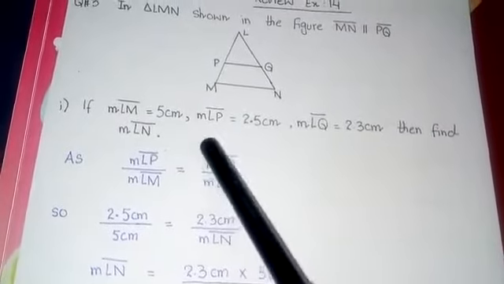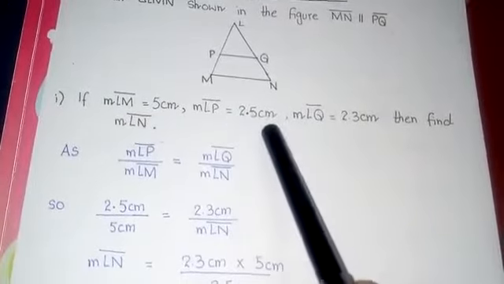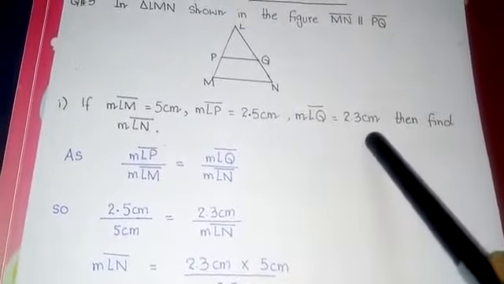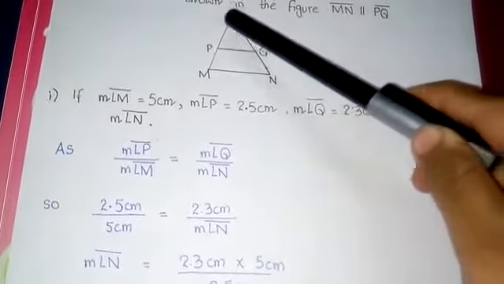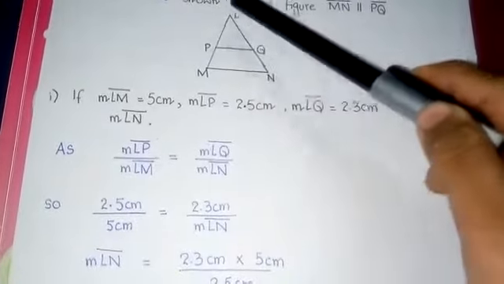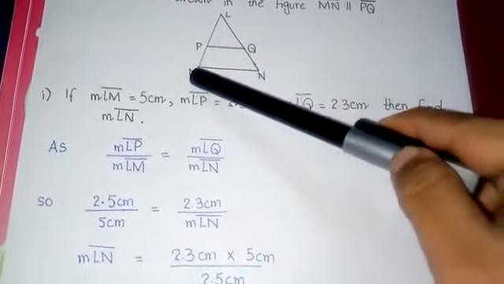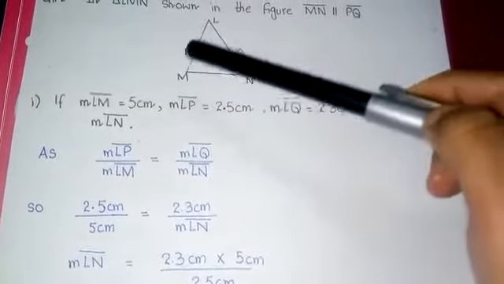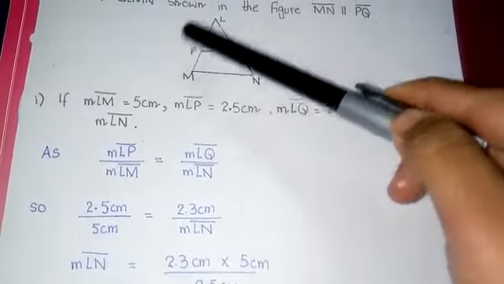You have to remember, you have to take the ratio of the segments whose values are given. Here for this side you have been given the values of LP and LM, so you will take the ratio of these sections, LP over LM.